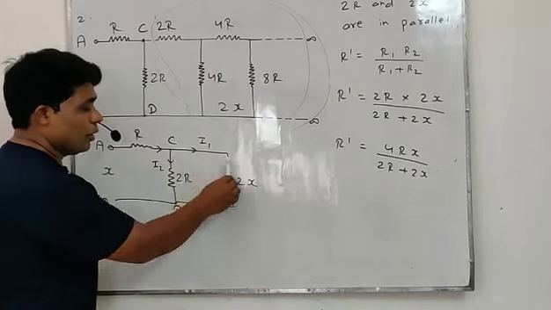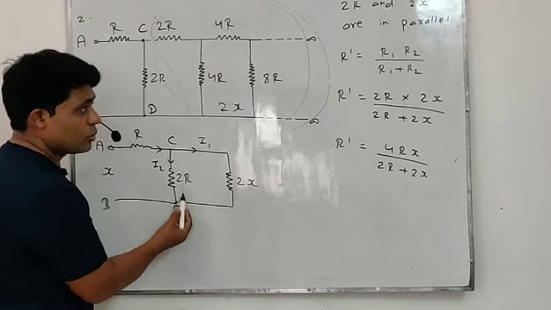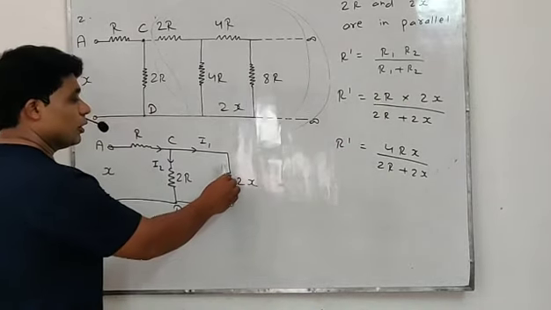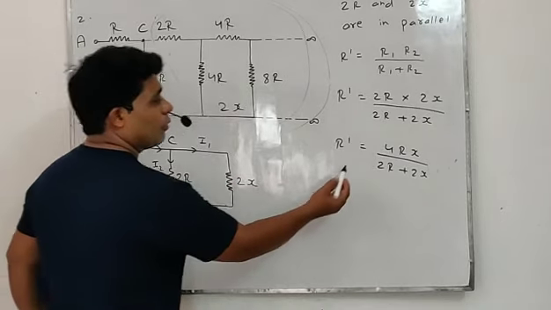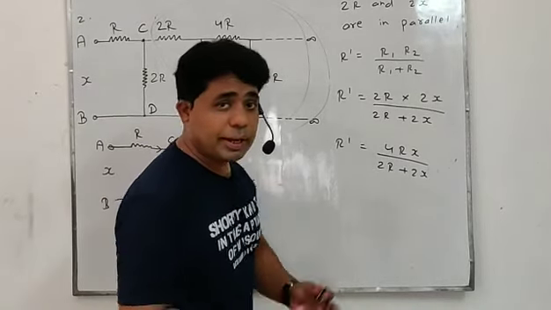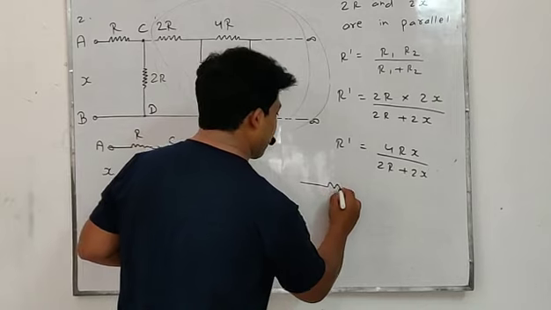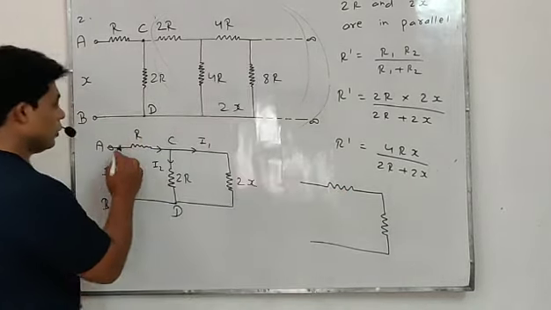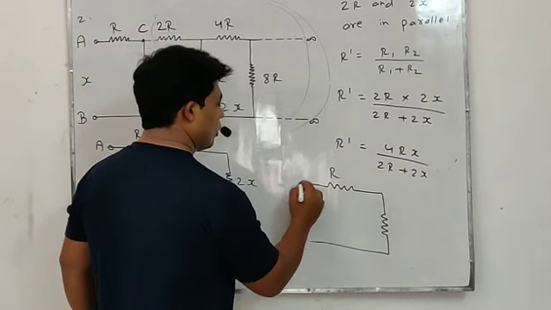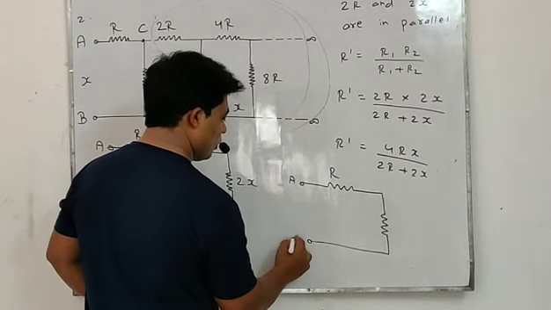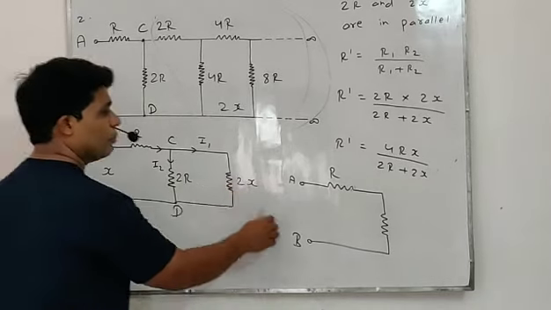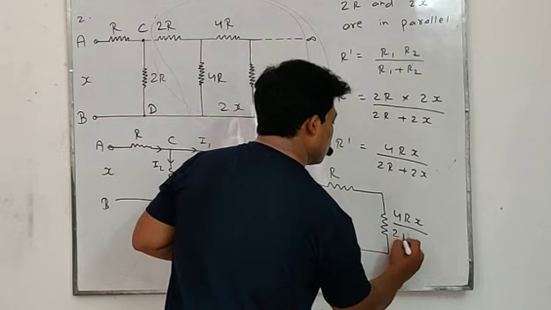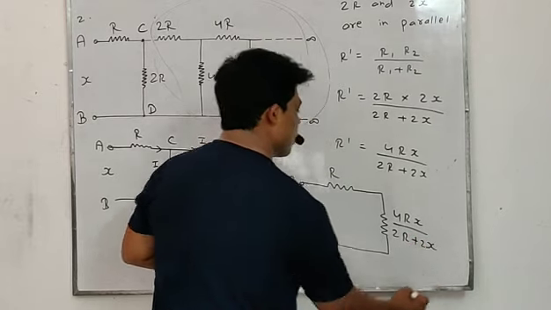These two were in parallel combination, 2x and 2R. So this is the formula of parallel combination we got. Now students, these two combinedly become 4Rx upon 2R plus 2x. Again I am going to make the circuit diagram finally. That is R, terminal A, terminal B, and this two becomes as 4Rx upon 2R plus 2x.